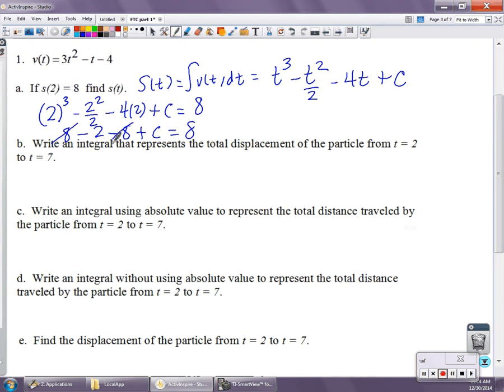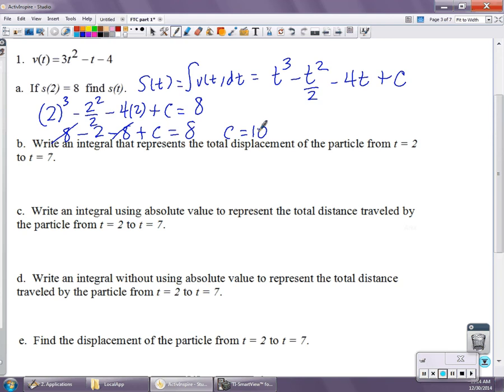So the 8 and the negative 8 subtract out. c is equal to 10, if I did my calculations correctly. Let me just double check that. My integration: 3t squared gives t cubed, t over 2 gives t squared over 2, minus 4t. The signs are correct. Substitute in 2. 2 cubed is 8. 2 squared is 4 over 2 is 2.